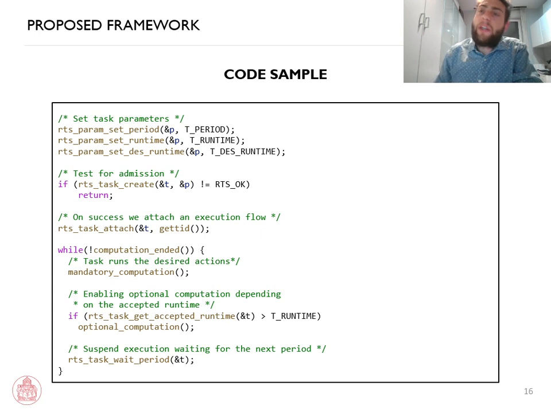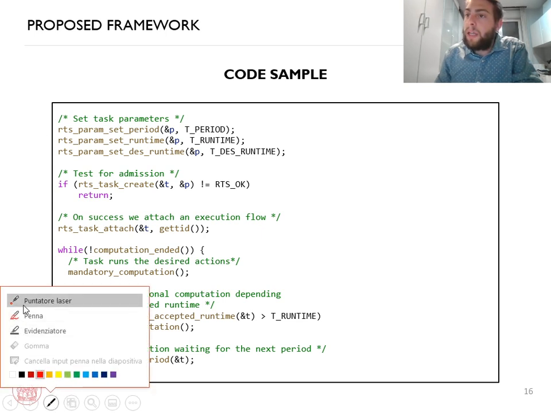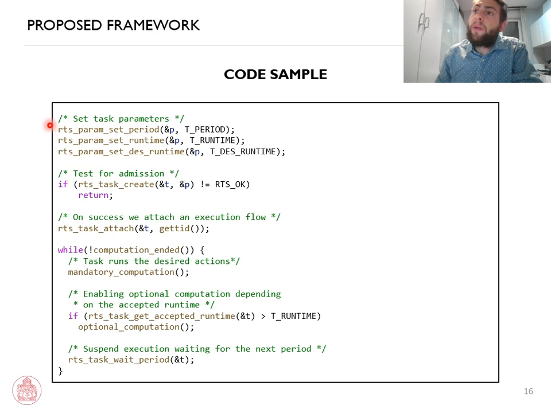Okay, in this slide I have reported a code sample. Maybe it could clarify the concept. Let me take the laser. So in the first part, the task declares its parameters, and then it tries to create the logical task.